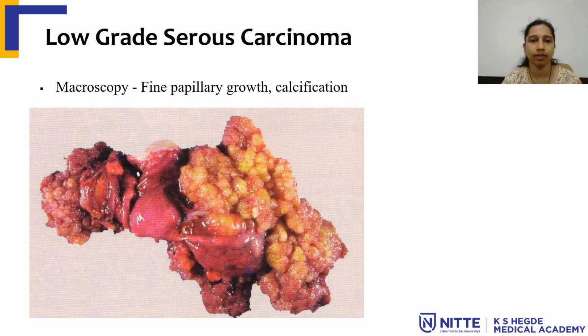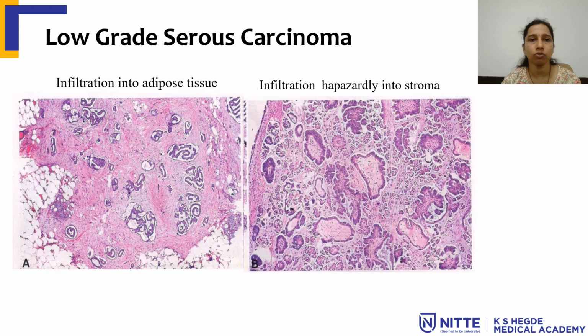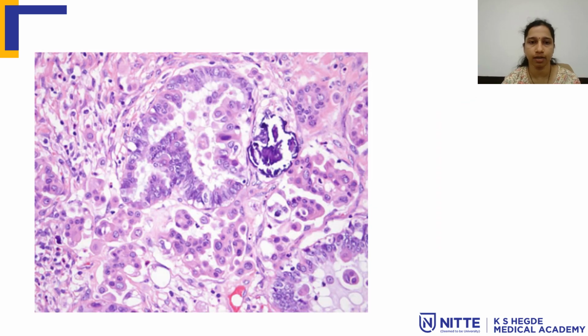On gross, there will be multiple papillary growths which can be seen on the surface or within the cyst, and there can be calcification. On microscopy, there will be nests of tumor cells or papillae invading the stroma, whereas the cytologic atypia will be low compared to high-grade serous carcinoma.